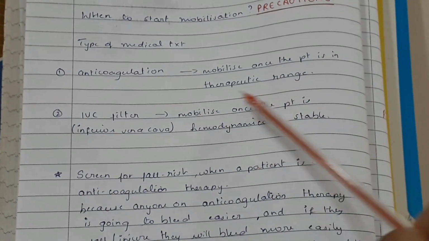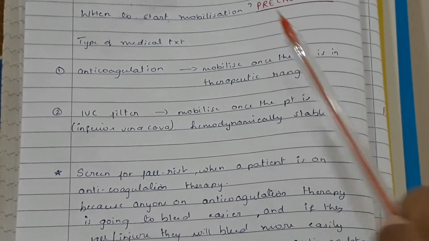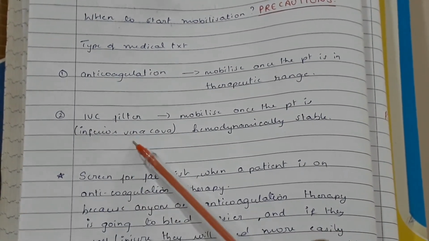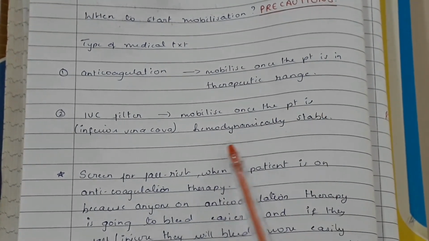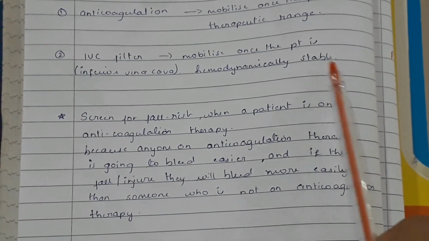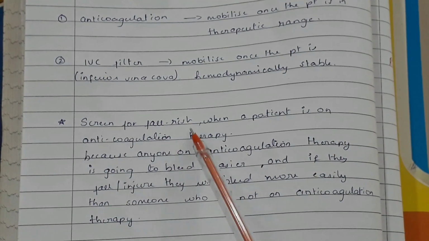That is, the coagulation profile should be in the therapeutic range. Secondly, if the patient is on IVC filter, that is inferior vena cava filter, mobilize once the patient is hemodynamically stable.